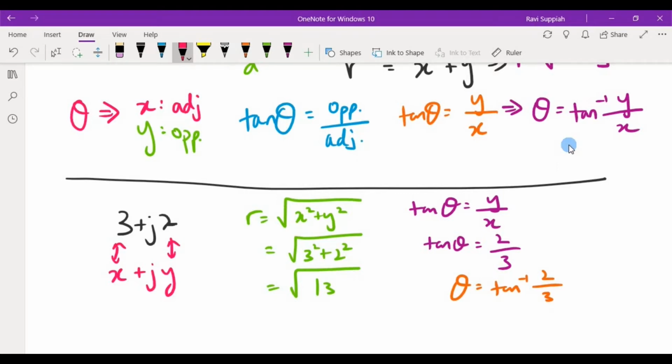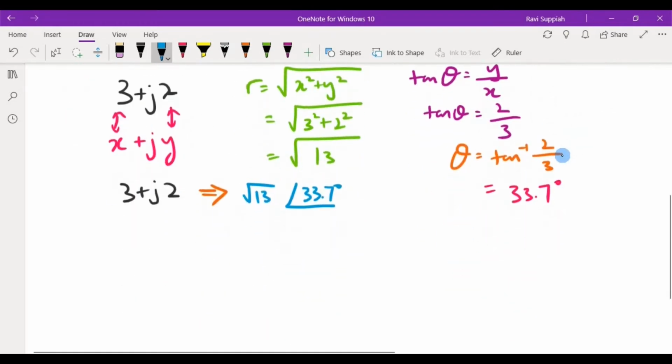You must usually enter shift tangent to get the inverse tangent function. If you do that, you will get the answer as 33.7 degrees. That means 3 plus j2 in rectangular form can be expressed as square root 13 angle 33.7 degrees in polar form. So that is the conversion.